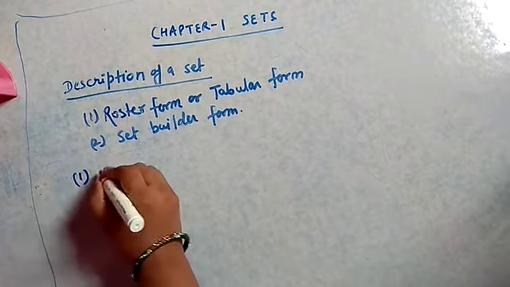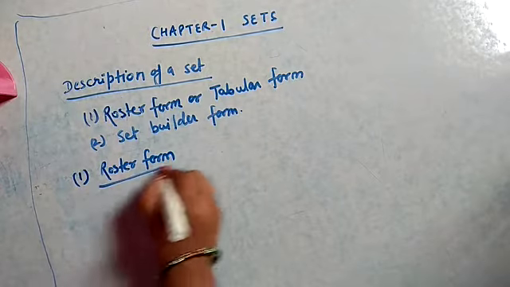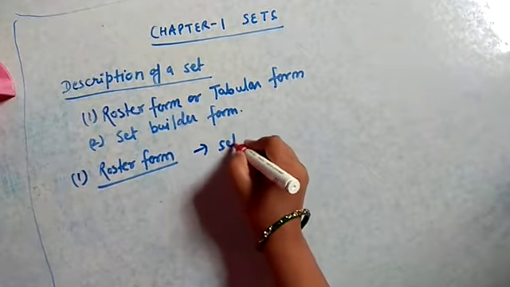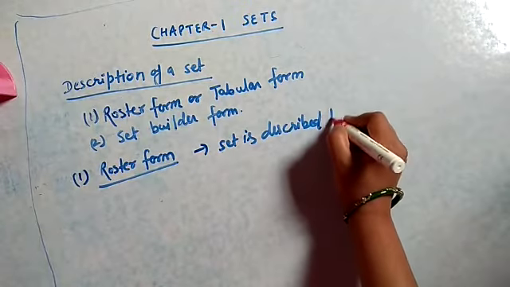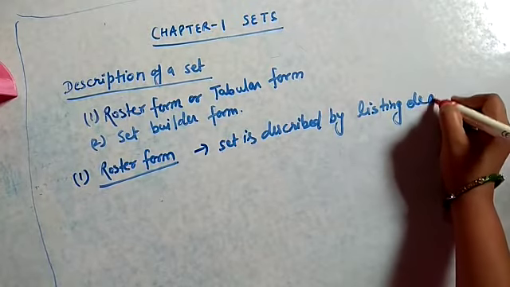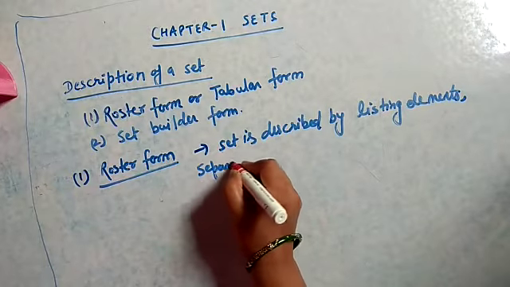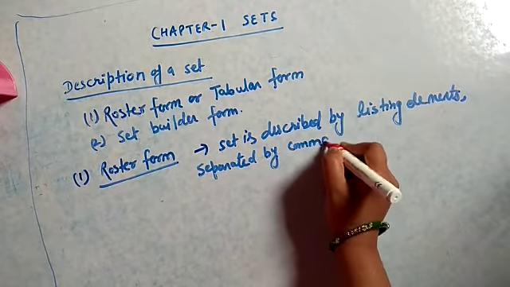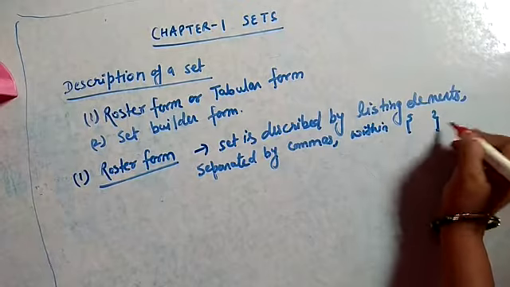So at first, number one, roster form. See, in this method, the set is described by listing elements separated by commas within curly braces.